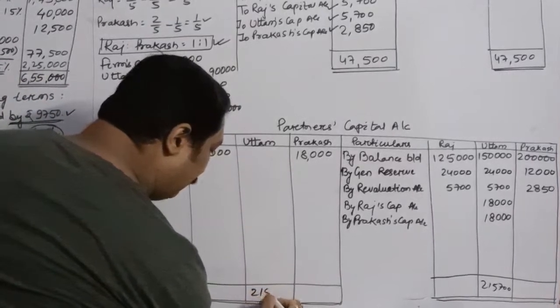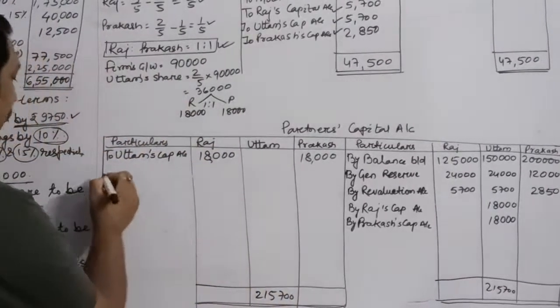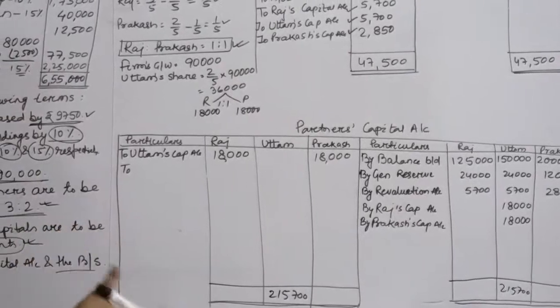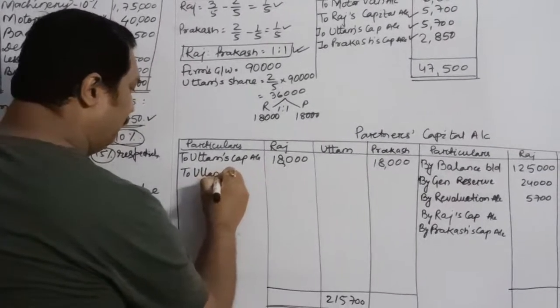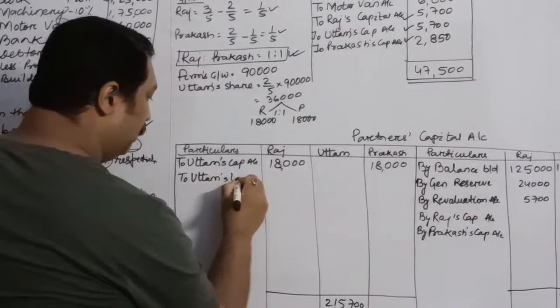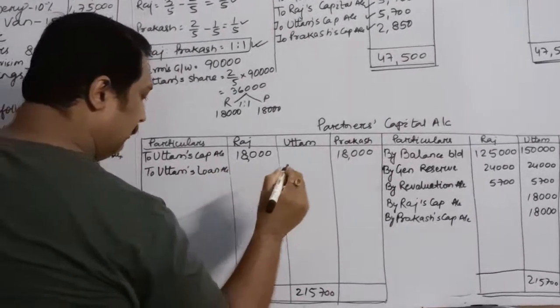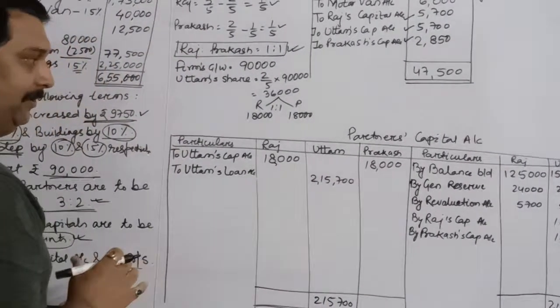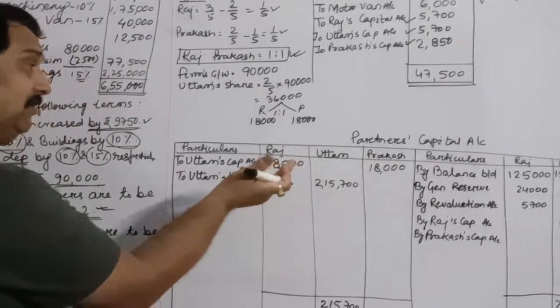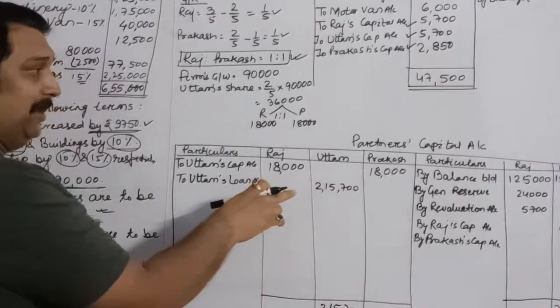We will write this amount 2,15,700. Since the question did not mention anything about the payment of Uttam, the amount will be transferred to his loan account. Uttam's loan account will be rupees 2,15,700. So that's all with the capital account of the retiring partner.